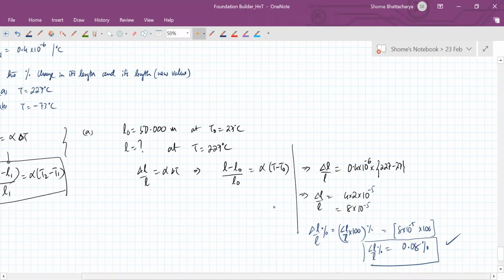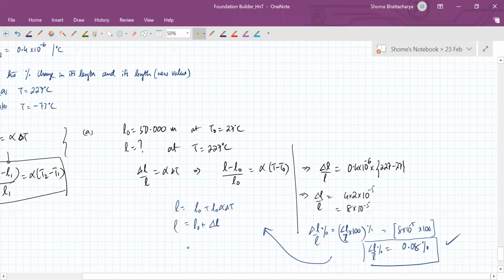So that's the first thing. Okay. And then we can substitute that here and we can understand that therefore L will be L naught plus L naught into alpha delta T, or it is L naught plus delta L.